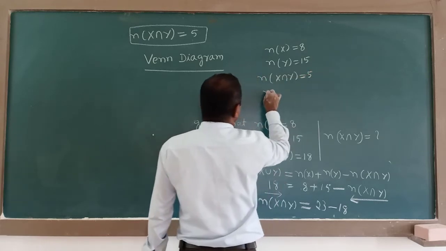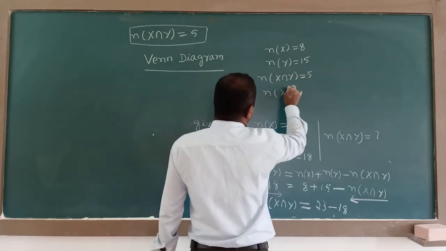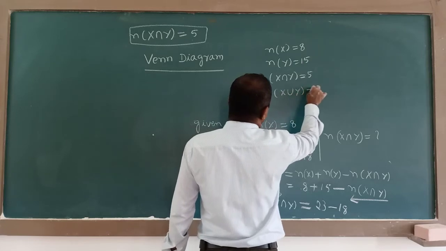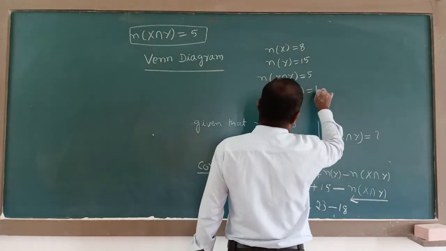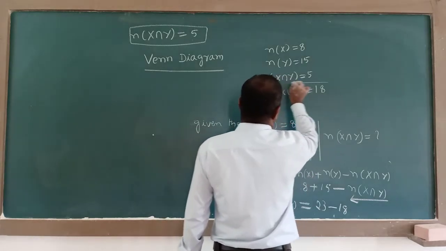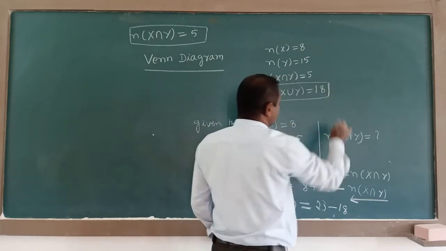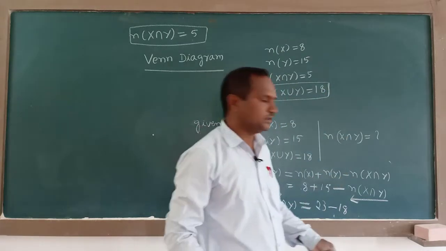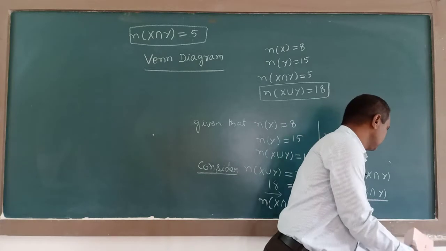But with the help of this, finally we should get n of x union y is equal to 18. Whether we are getting 18 or not, we have to check by applying that Venn diagram.